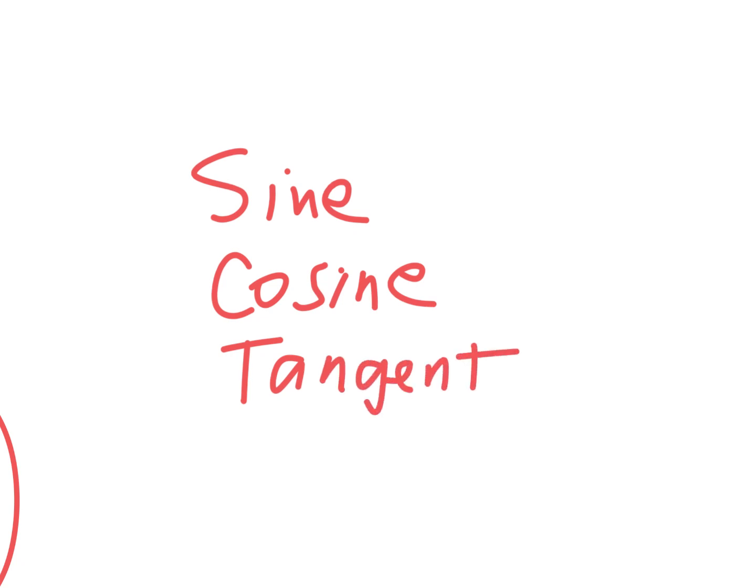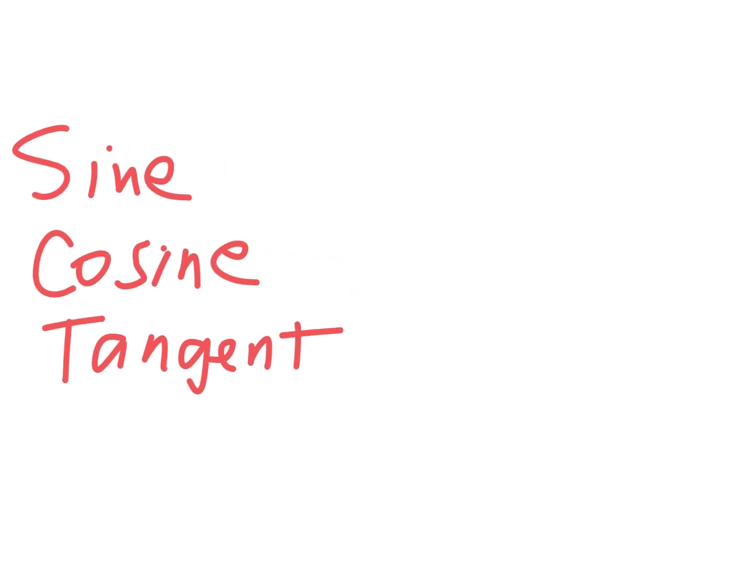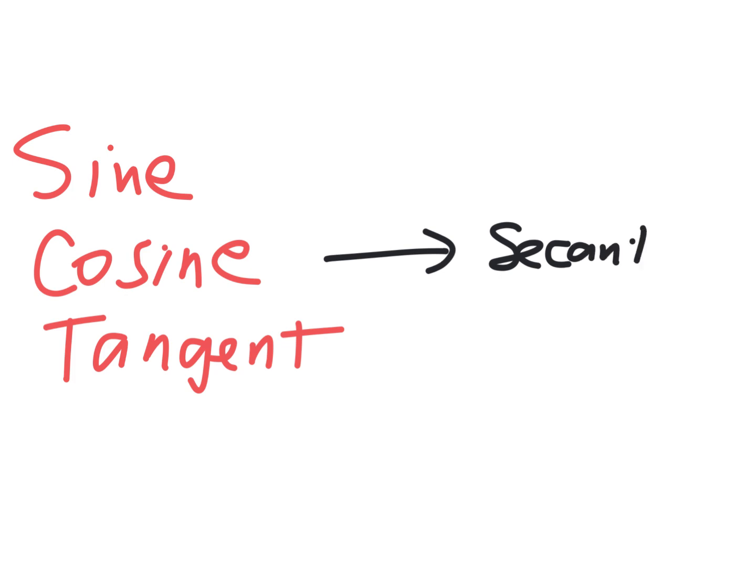All right. So what are the other ones? Can anybody name one? Yes? Secant. And secant is going to go across from cosine. Now, just by using some logic, you can figure out the rest of them.